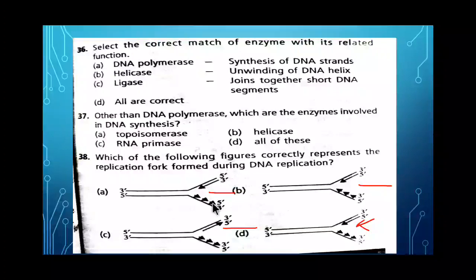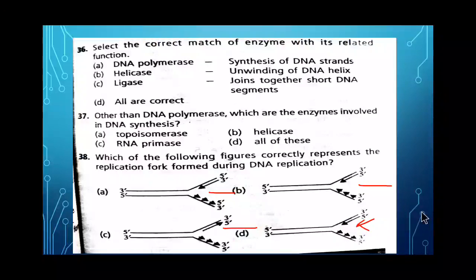Next is the other strand, known as the lagging strand, and the replication in the lagging strand is in a discontinuous way, synthesizing short segments of DNA which are always in 5' to 3' direction, and these short segments are called Okazaki fragments. So D is the answer, because here we can see the overall direction of the replication.